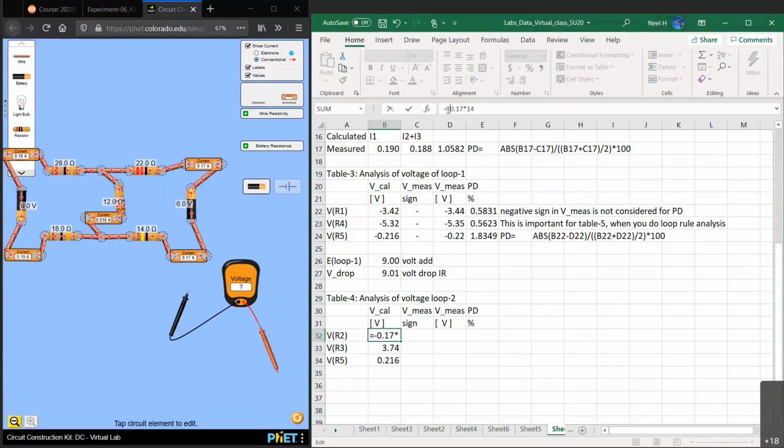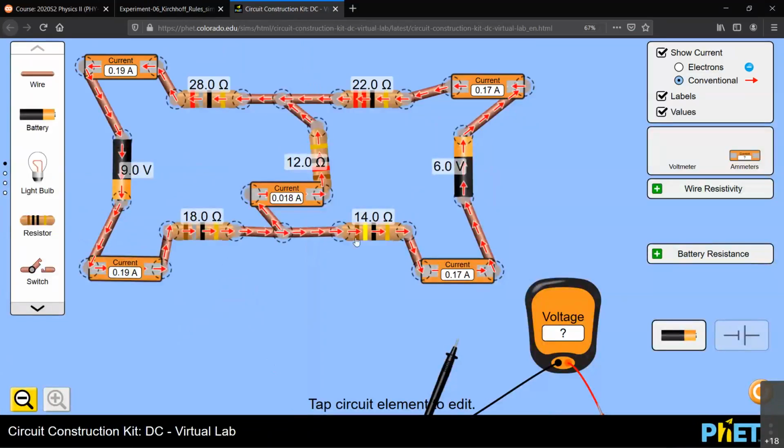Anybody have any question? I did this adjustment because later that is important. Let me explain that again. When you're going through the circuit, if you pass through a resistor, what you're checking is the conventional current direction, this red arrow, and your loop direction. If your loop direction and the current direction are the same, that voltage must be negative.